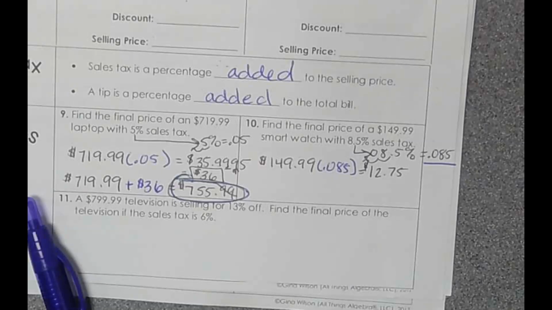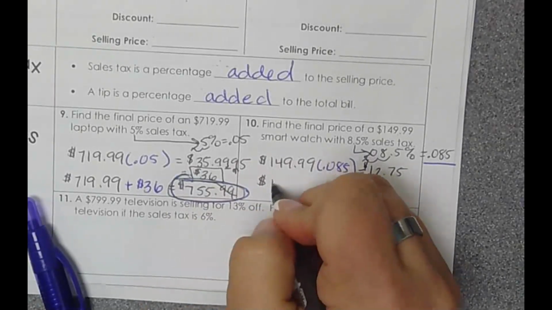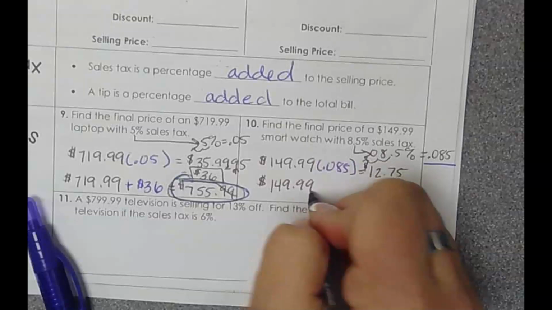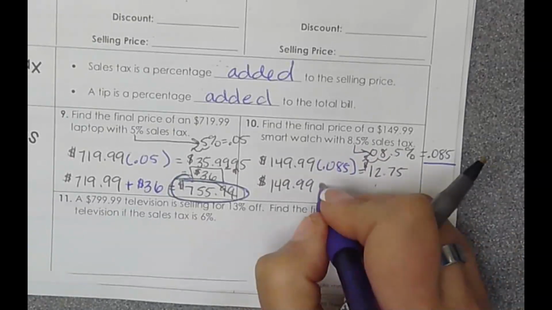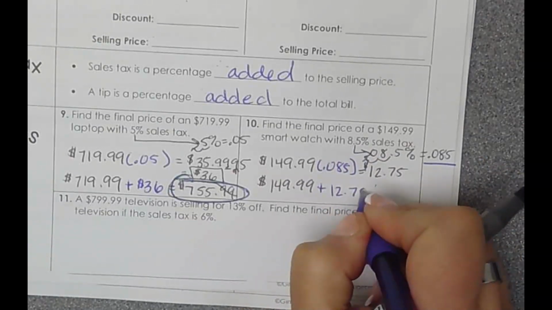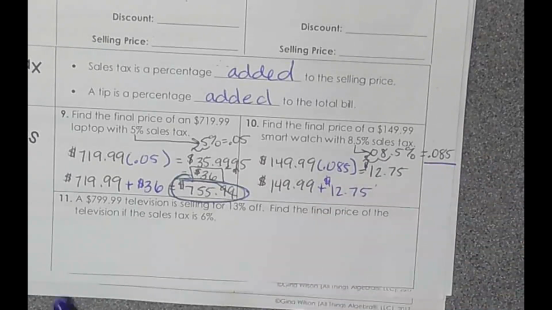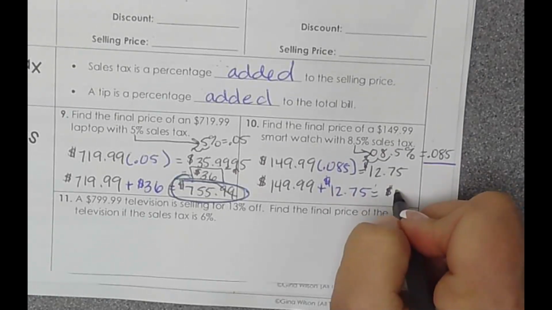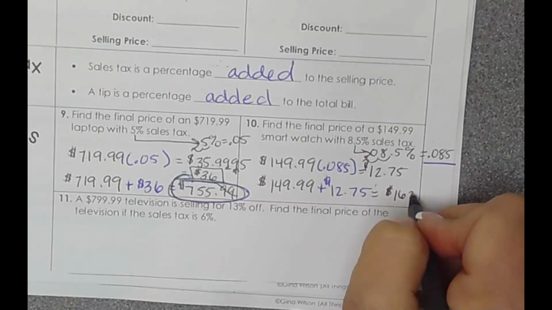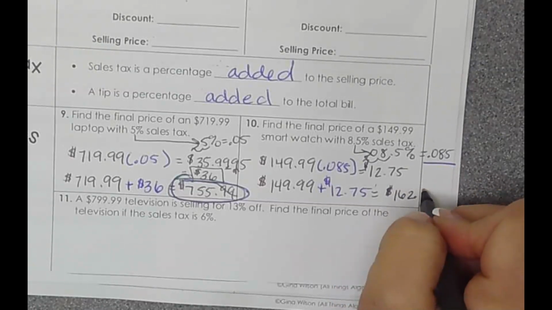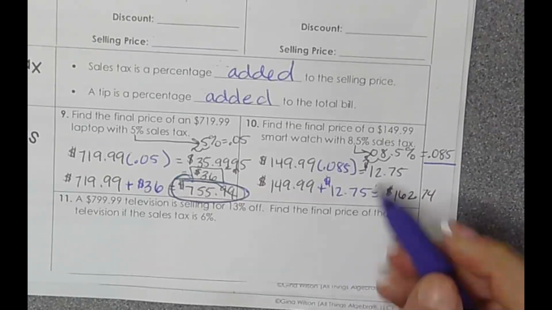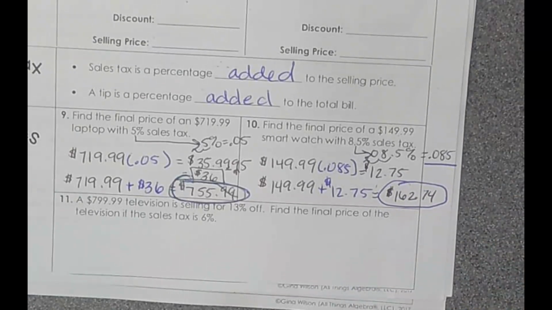We're increasing the price. So we're going to take this $12.75 and add it to the price. And at the end of our shopping venture, you are paying $162.74.